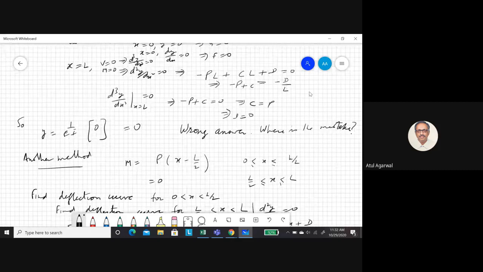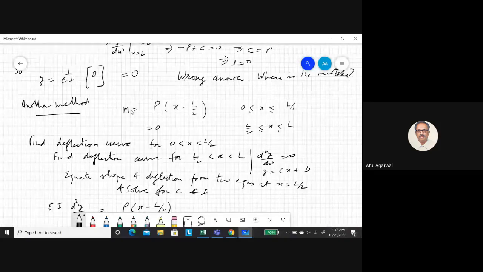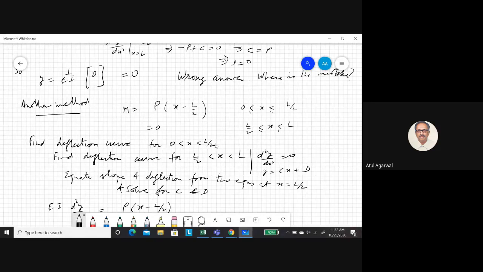Another method is bending moment is given by this expression up to L by 2. After that it is 0. So you find deflection curve for 0 to L by 2 and for L by 2 to L. You see there are two different relations, so you need different deflection curves.